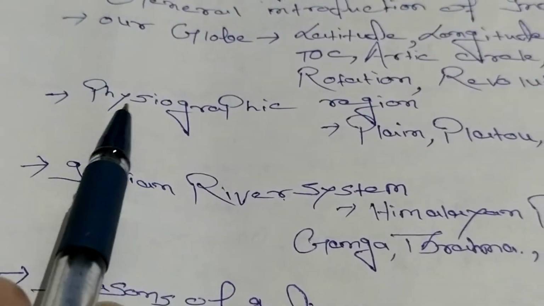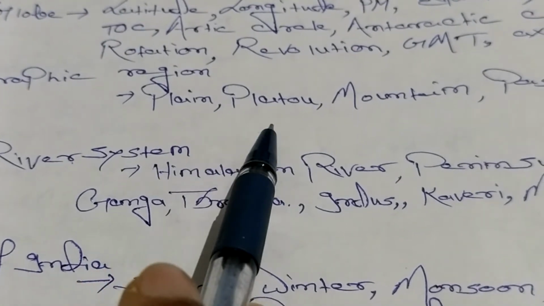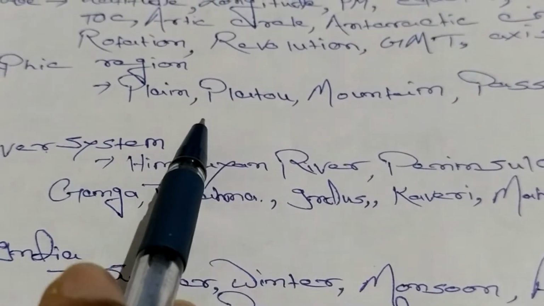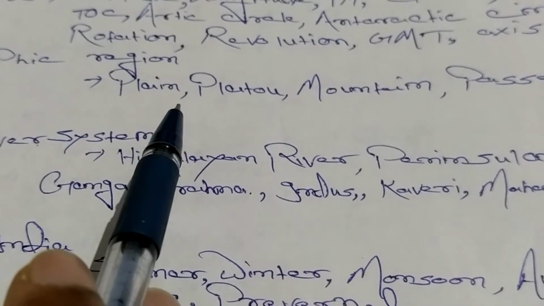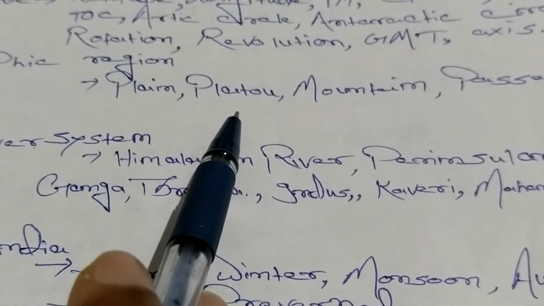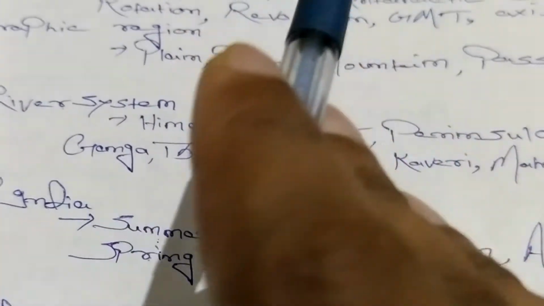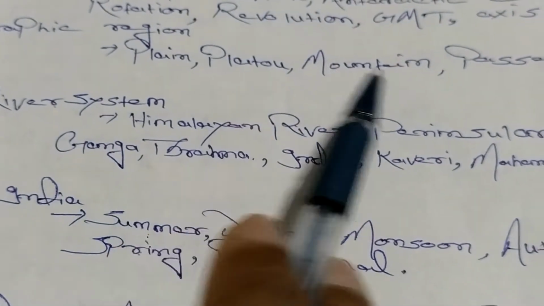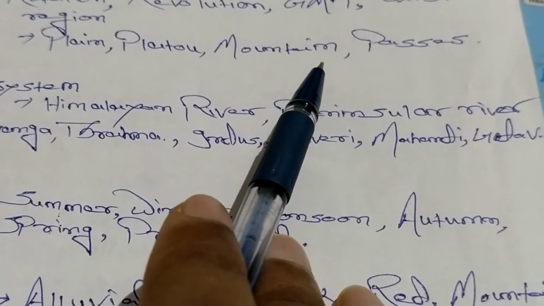Then we come to the next topic, that is physiographic regions. In physiographic regions we will discuss plains and plateaus. Plains and plateaus are flat areas of land. The most prominent examples of plains are the grasslands found in America, Argentina, etc. And a plateau means a flat area of land which can be eroded in some places, like the Deccan Plateau, Chota Nagpur Plateau, etc. And mountains: three types of mountains, fold mountains, young mountains, old mountains.